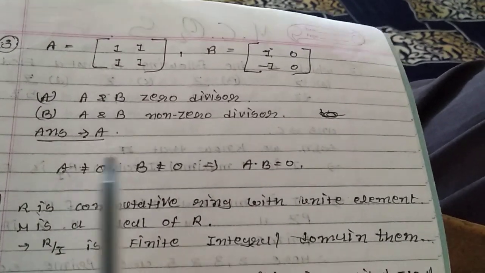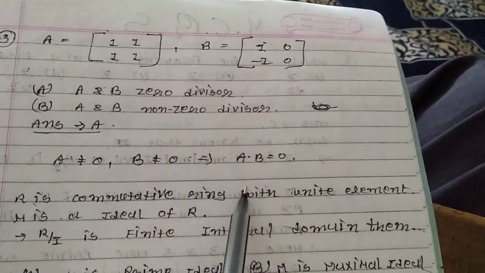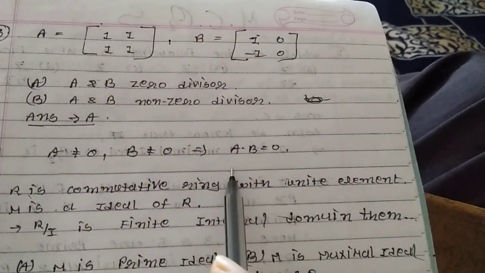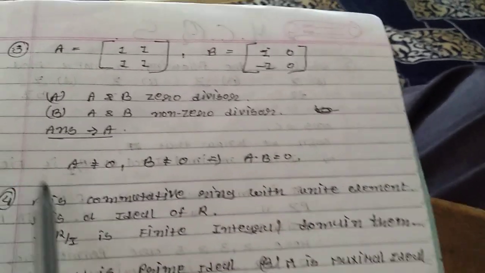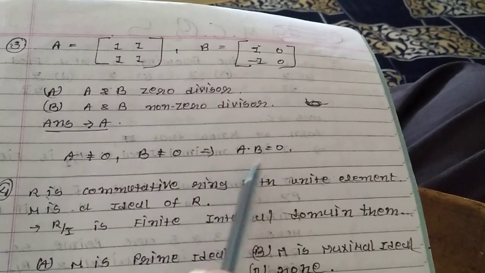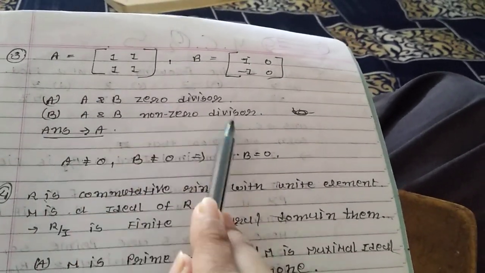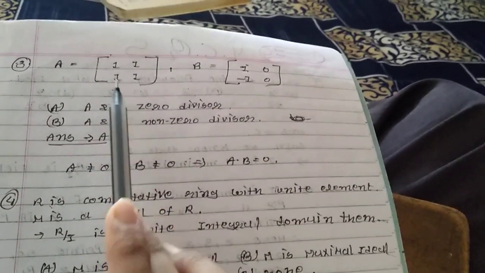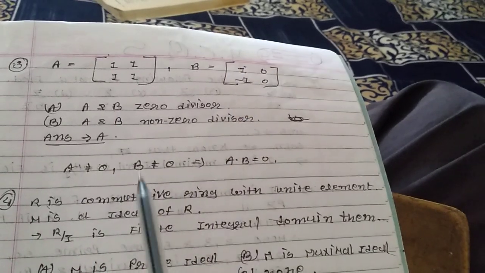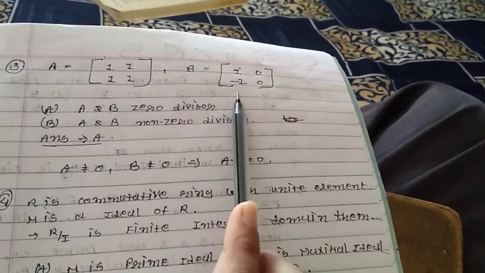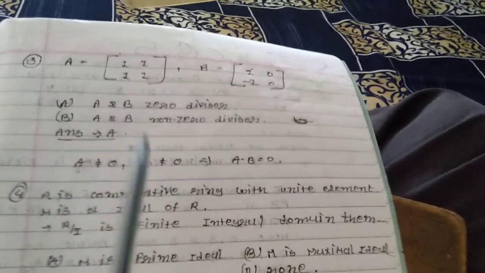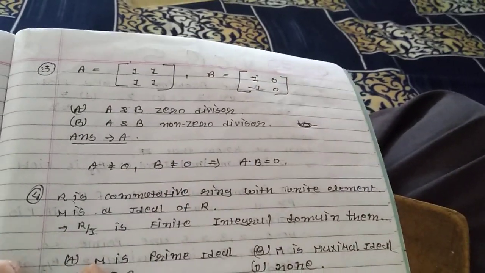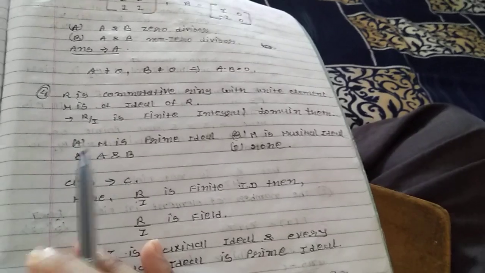If A not 0, B not 0, but A dot B is equal to 0, then A and B are called zero divisors. Here A is not 0, B also not 0, but the product of the two matrices A dot B is 0. So we can call them zero divisors, right?